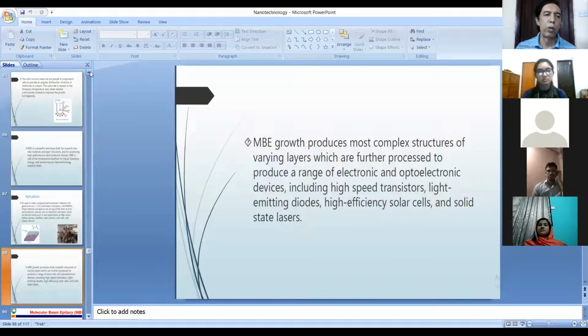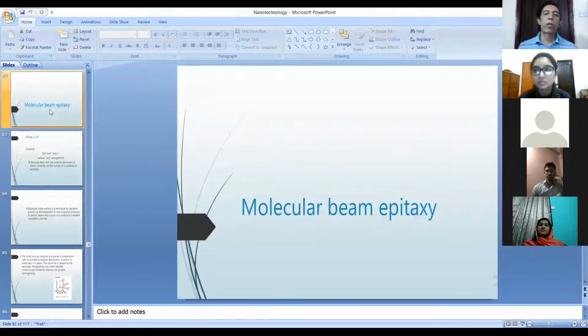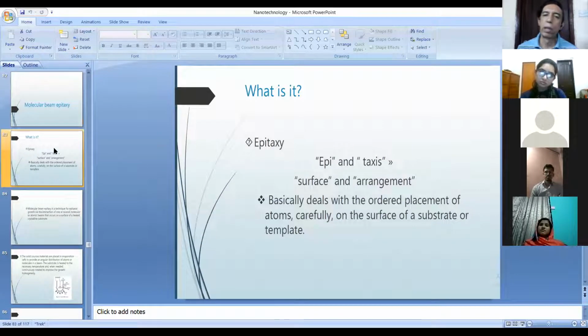So, what is molecular beam epitaxy? It is a method of preparing thin film. What does it mean? First, what is epitaxy?